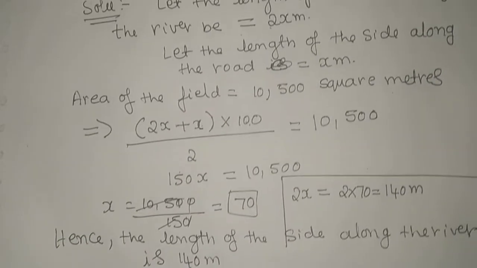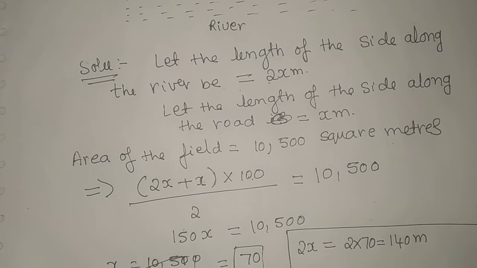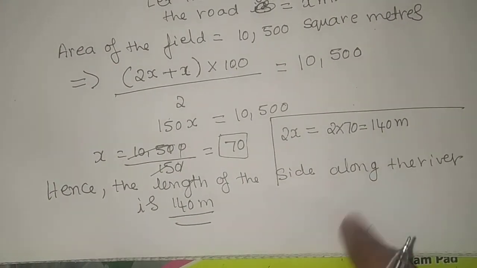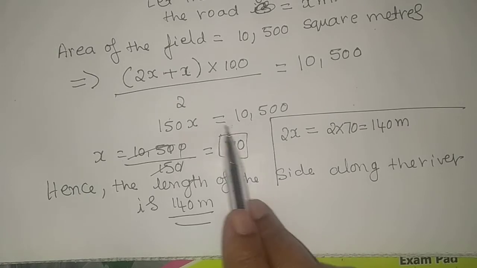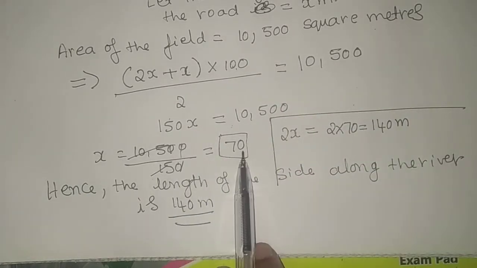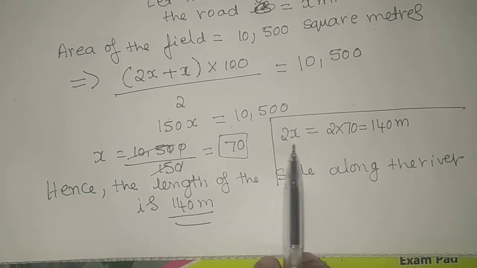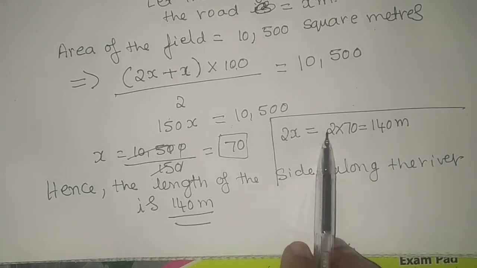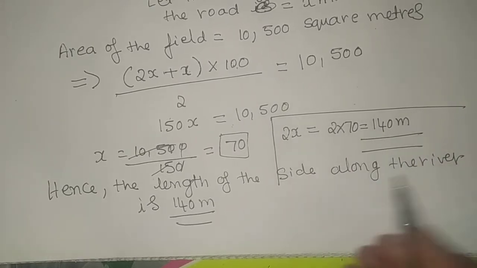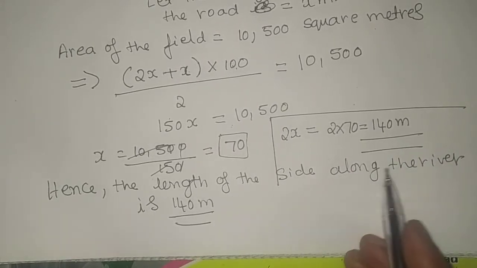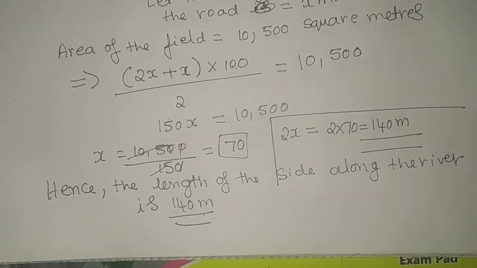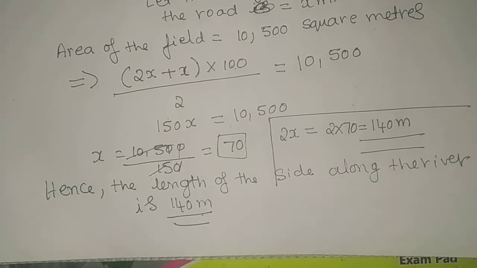So first we found out x. x is the length of the side along the road, which is 70 m. Then substituting in 2x, 70 into 2 gives 140 m, the length of the side along the river. So this is the solution for the 8th problem.